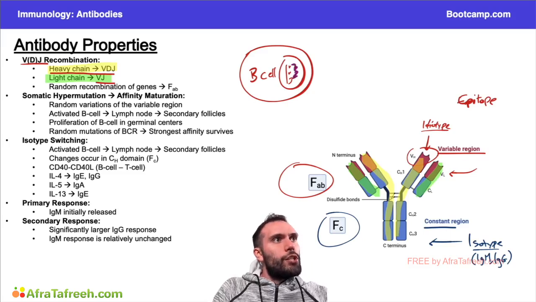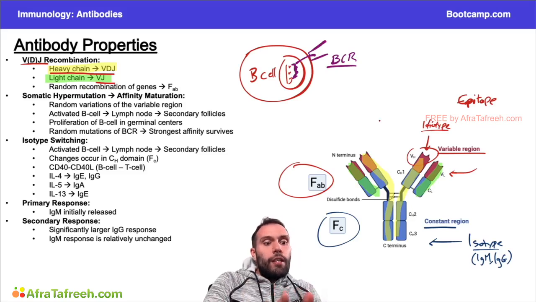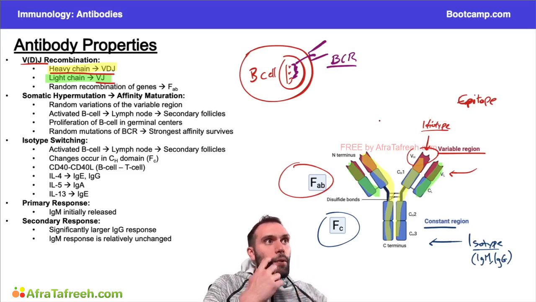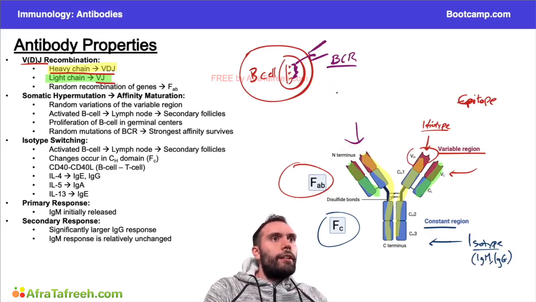So we shuffle all of these genes around, and then we come out with this very unique idiotype on this B cell receptor. Remember, what is a B cell receptor? A B cell receptor is essentially a membrane-bound antibody, right? So it's like we created an antibody, like we see here, we just stuck it on the surface of a B cell. Specifically, IgG and IgM are going to be kind of notorious for being on these membrane-bound surfaces for B cells. You can also see this with IgD a little bit, as we'll talk about.